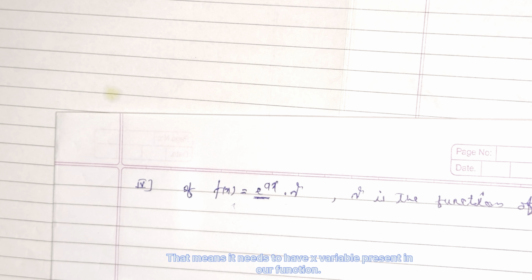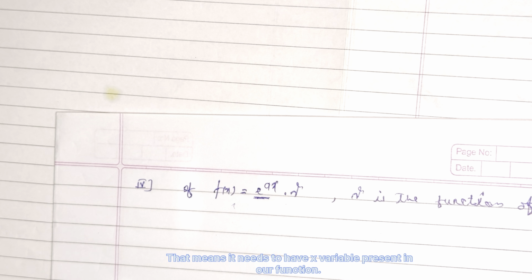And we want the particular integral. We know that the particular integral can be found as 1 upon f of D into phi of x. This is the standard form for finding the particular integral. But in this case we have two functions: one is an exponential function, and the other is a function which contains the x value.